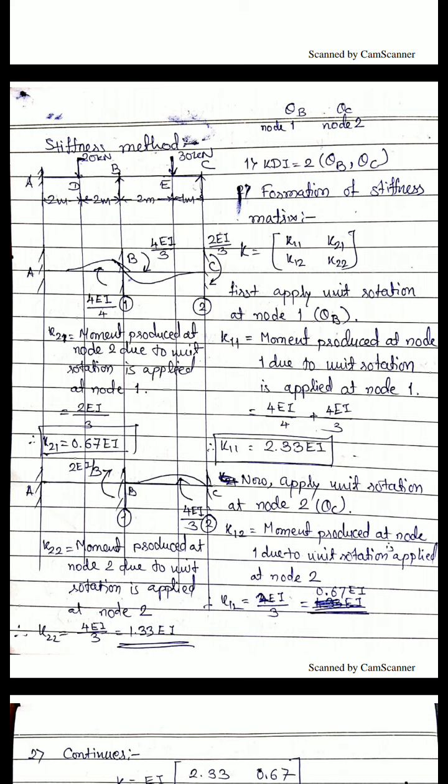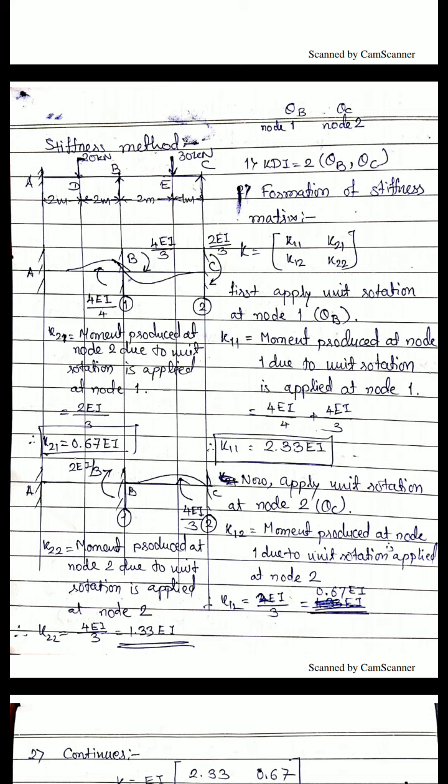Joint B is defined as node 1, and joint C will be treated as node 2. So first we will apply unit rotation at joint B, that is at node 1, that is theta B will be applied as 1 value, that is unit rotation or 1 radian.